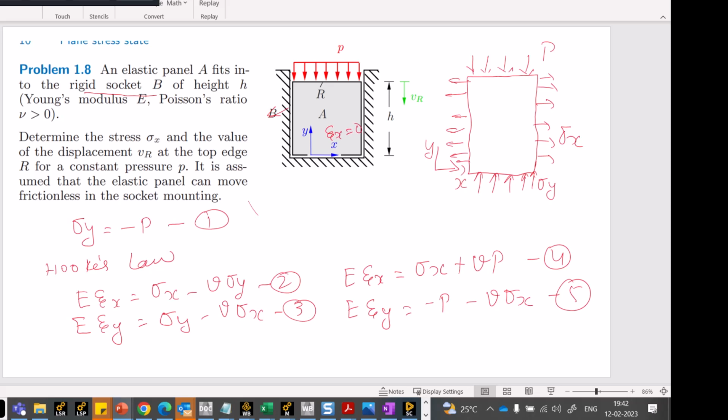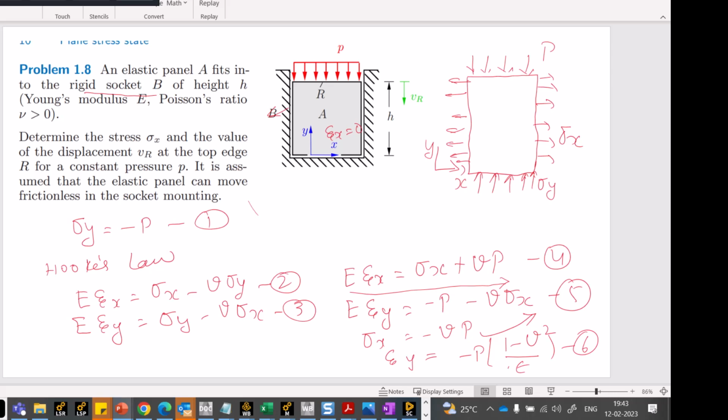So if we put the strain equal to 0, we get sigma x is equal to minus nu p. And if we put this back into the other equation, we get strain in the y direction is equal to minus p times (1 minus nu squared) divided by E. This is going to be my sixth equation.